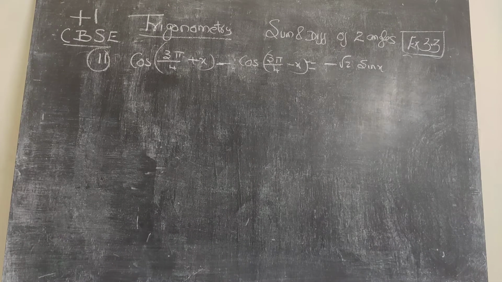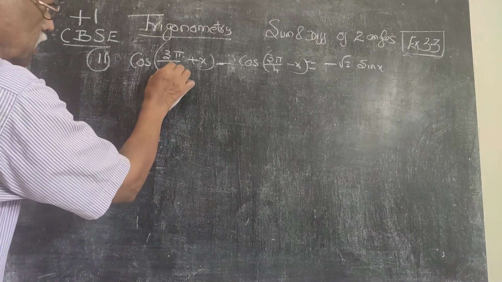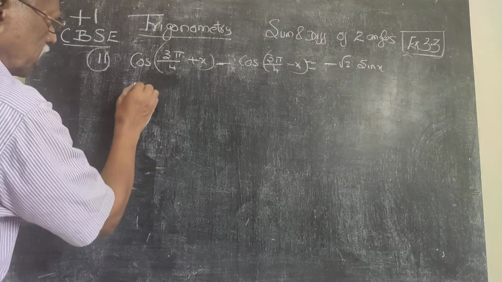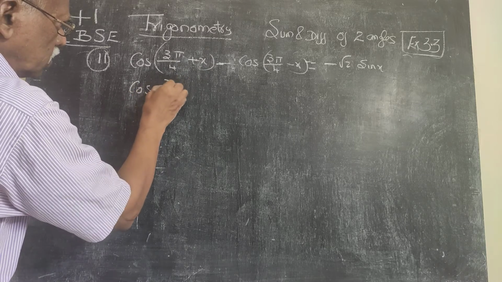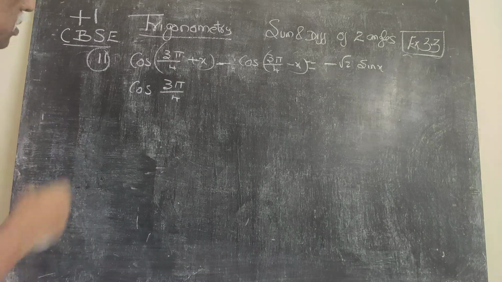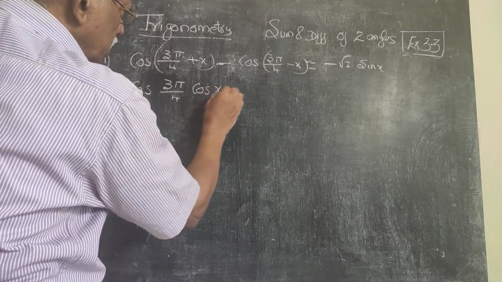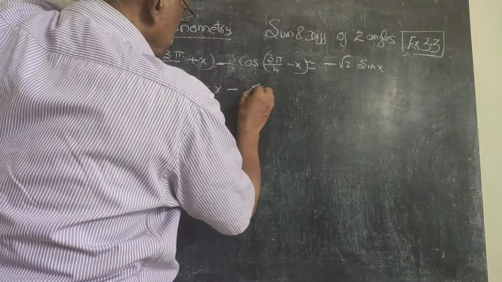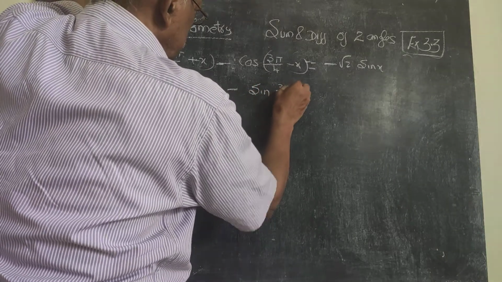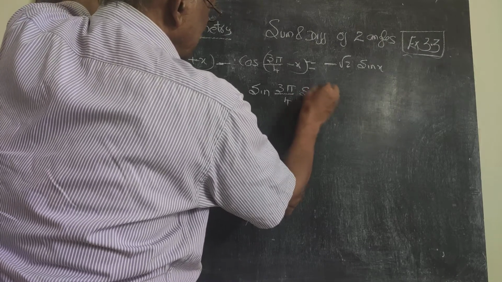Question number 11, cos of something minus cos of something else equal to, we have to prove. This can be written as cos(A + B), or cos(x + y), is cos(3π/4 + x) plus cos(x + y), cos A cos B minus sin A sin B, cos 3π/4 and sin x.